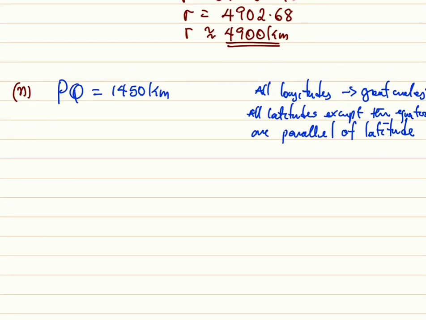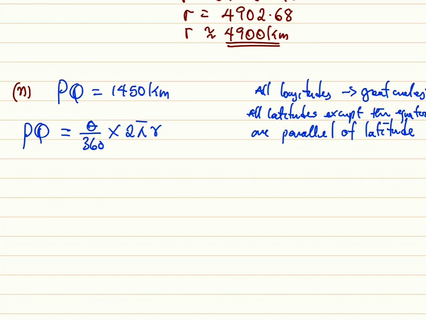Okay, so therefore, since PQ is on a parallel of latitude, to get PQ, which is an arc of that particular latitude, the formula is theta over 360 times 2 pi r.